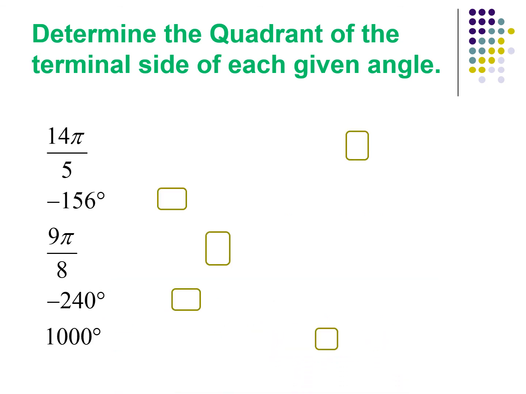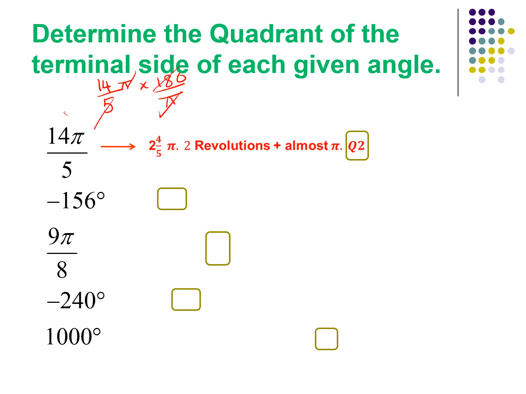Now here 14 pi by 5. If you convert it into degrees, you get 180 over pi. So pi and pi cancel. 5 times 36 is 180, so 36 times 14 gives you 504 degrees.